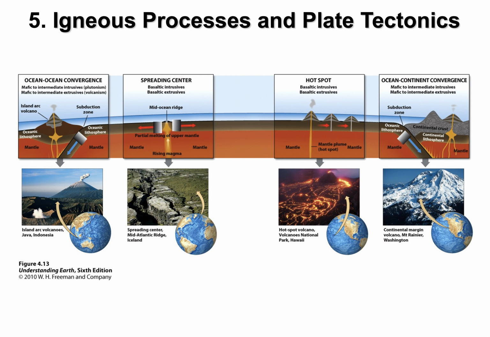In the picture below we have a continental margin volcano, Mount Rainier in Washington. So these are some different locations where igneous processes are occurring and where they are related to plate tectonic movements.